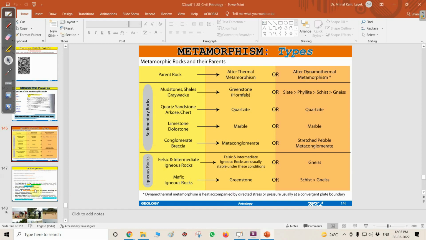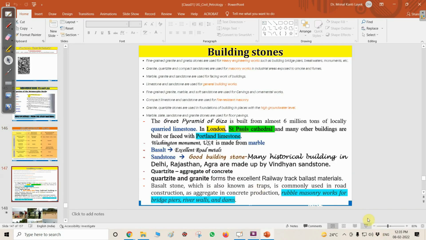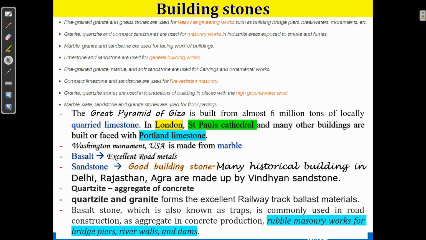Now why are these rock types very important? These act as building stones. Like I have already mentioned, limestone, that is your sedimentary rock, built the Great Pyramid of Giza and the surroundings of that pyramid area, or at least the faces of the pyramids or any structure like the Sphinx.